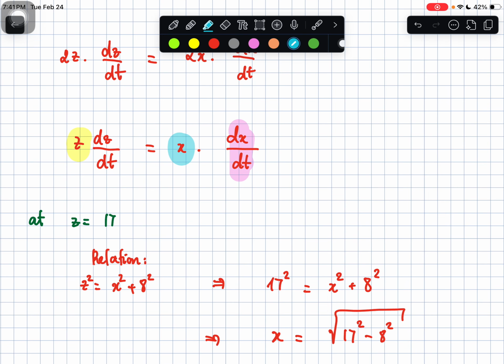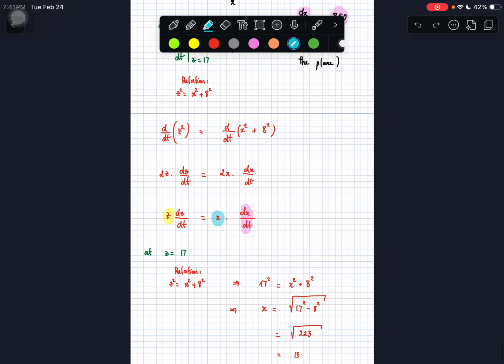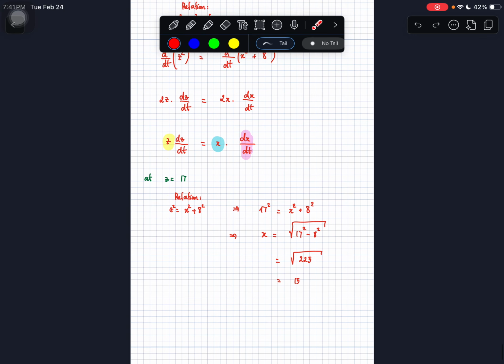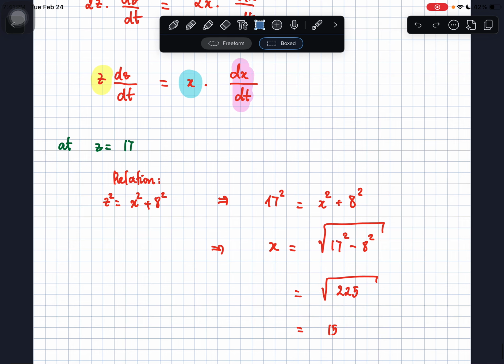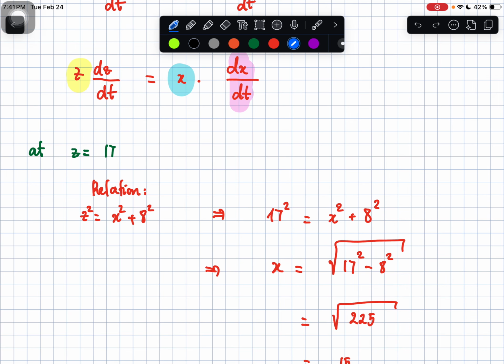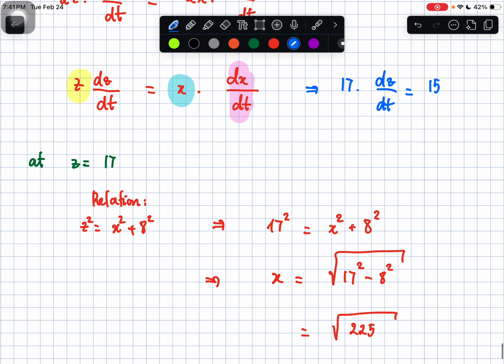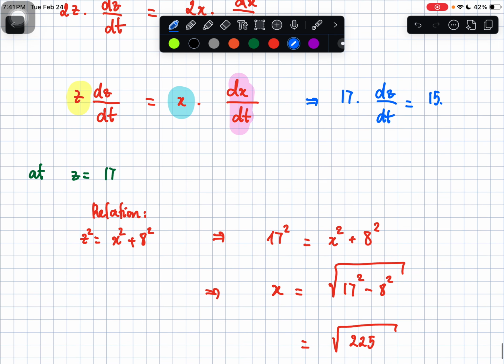So we know this one is 15, and dx over dt is 850. Now we can get dz over dt. Plug in all the data we have: 17 times dz over dt equals 15 times dx over dt, which is 850.